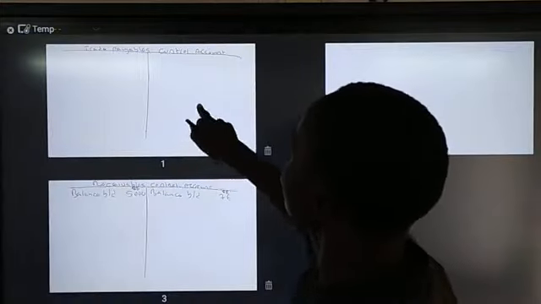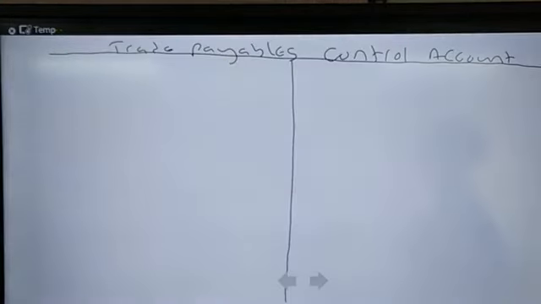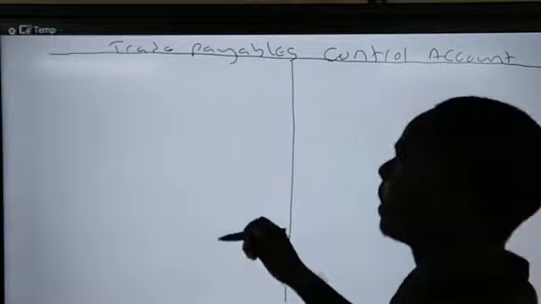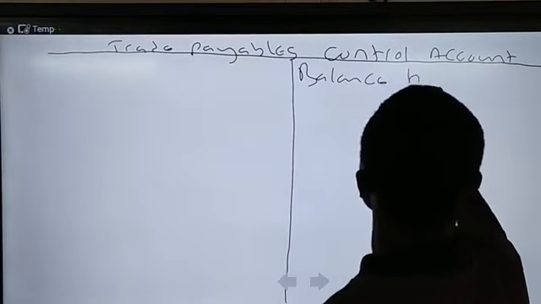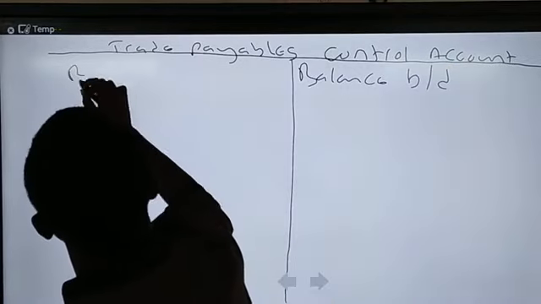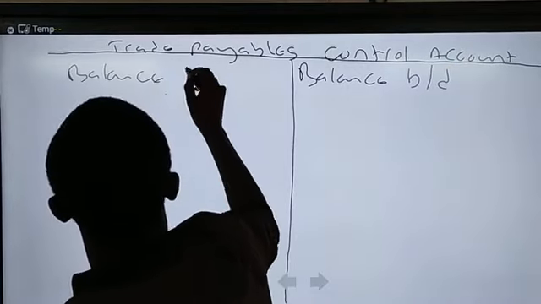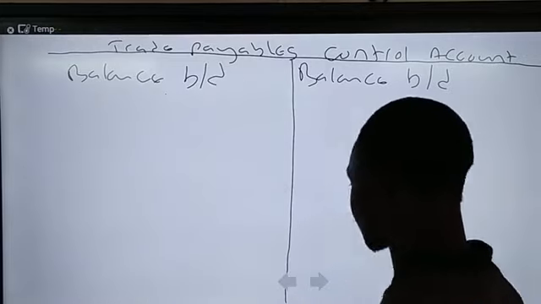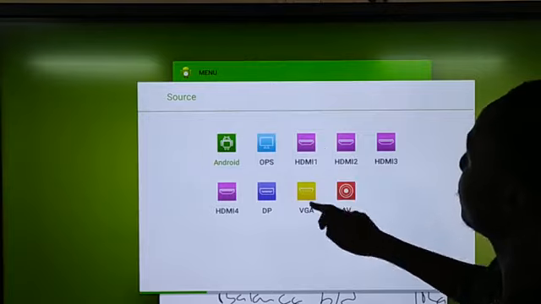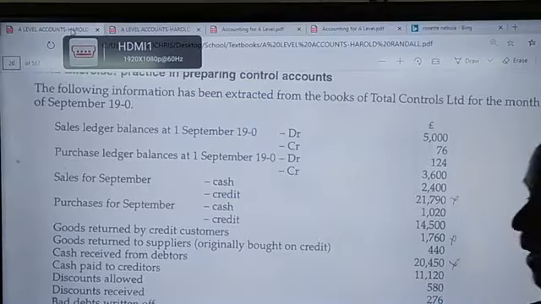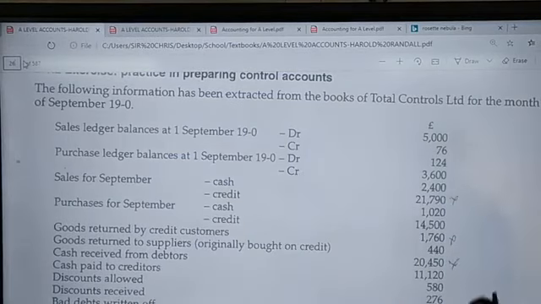Then let's do the same for the trade payables control account. We are going to start. Remember, balance BD. We also have balance BD. The balance BD is given in the question. For the purchases ledger, it's 124 debit, 3,600 credit.